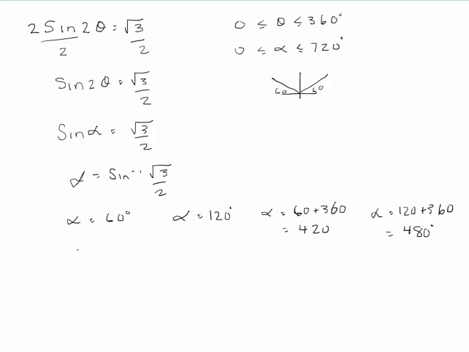So when I bring back my 2 theta, I will have captured all of the degrees between 0 and 360 degrees. So theta here is 30. I bring back my 2 theta. Theta here is 60.